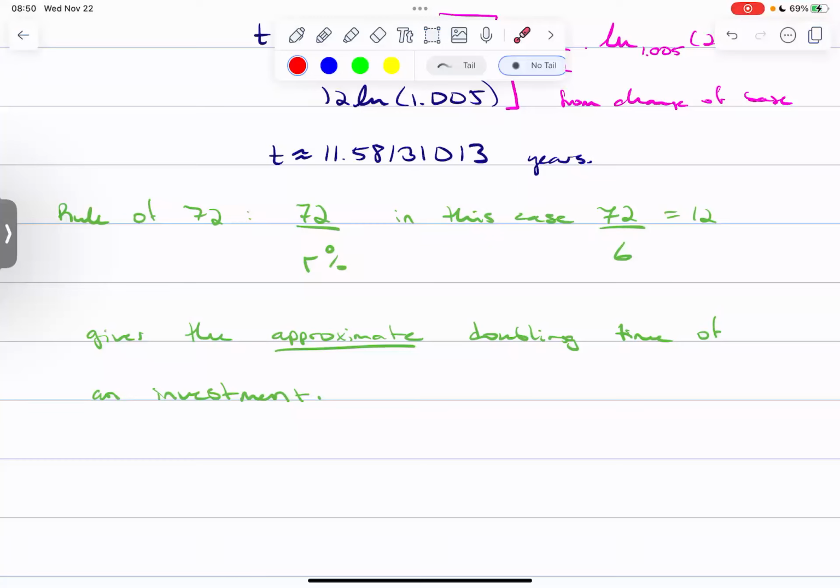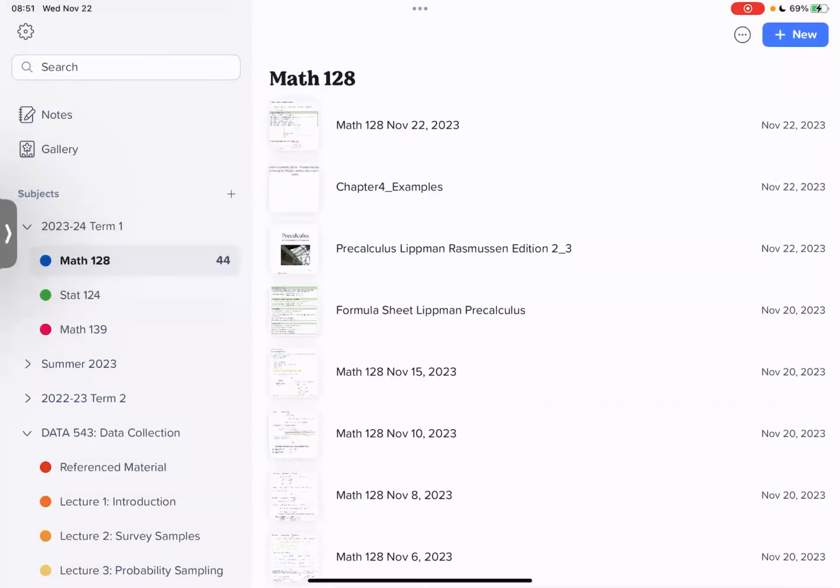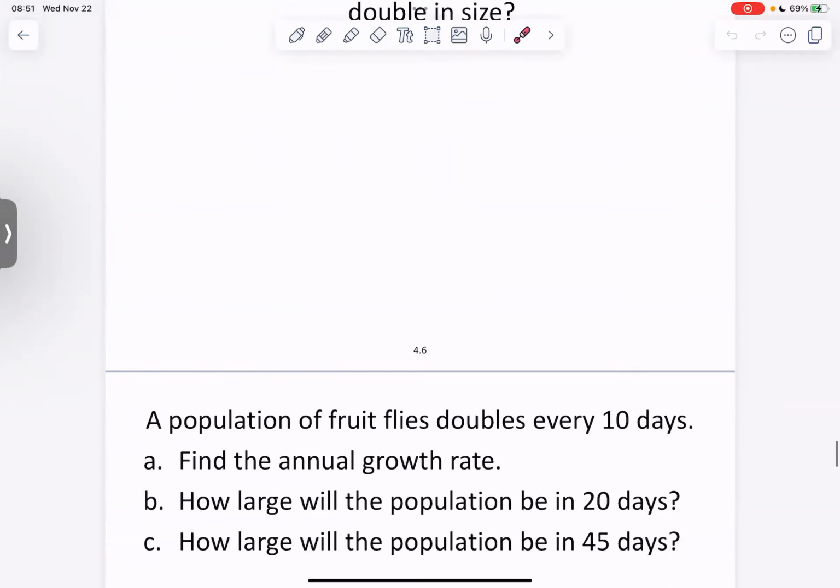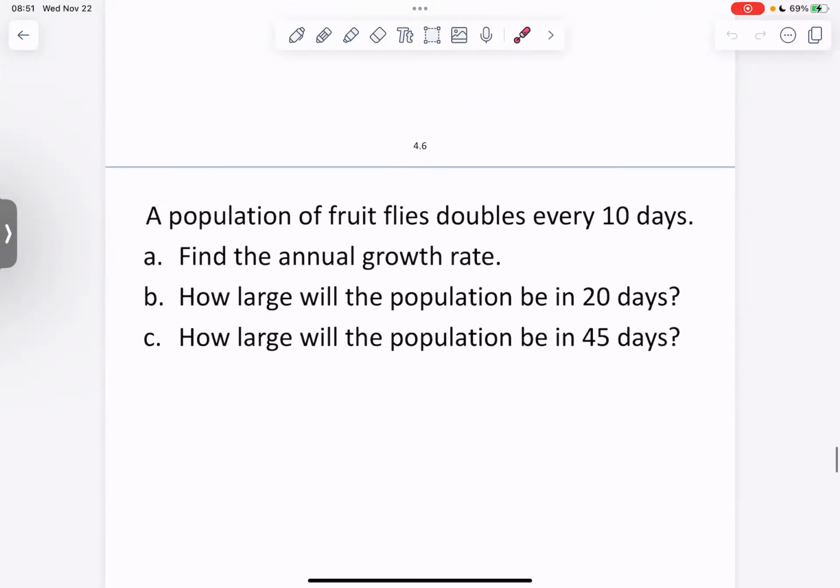Okay. What do we want to do? Yeah, 12 years.